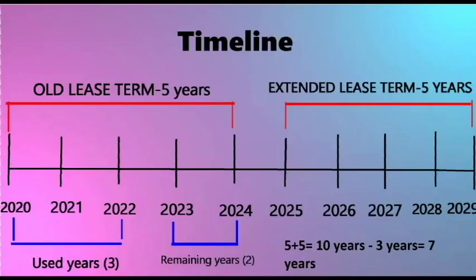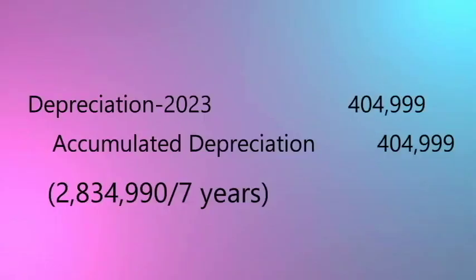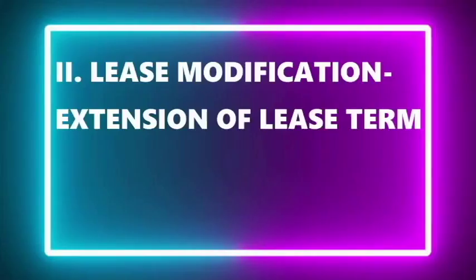Tapos, nag-extend ulit ng 5 years. So, equals na siya sa 10 years. Kaso, may 3 years na nagamit. So, ililes mo yon. So, magiging 7. Kaya, dinivide yung carrying amount sa 7, which is total of 404,999. So, in this second scenario is the lease modification, extension of lease term.